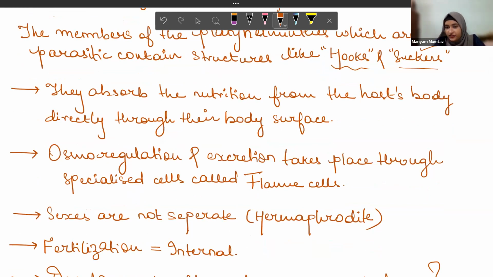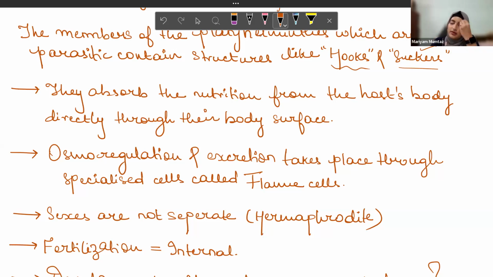Also, like how in our body there is a certain pathway for digestion and a certain pathway of absorbing the digested products, we first digest it and then we absorb the nutrients. But all the members of Platyhelminthes are getting the nutrition from the host body only. They don't have to work hard at all. So they absorb the nutrition from the host's body through their body surface only.